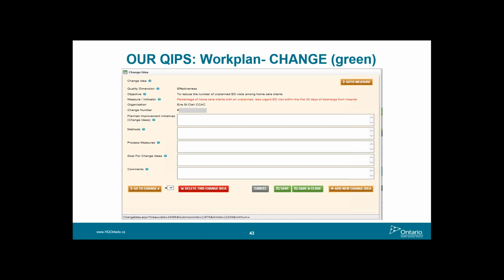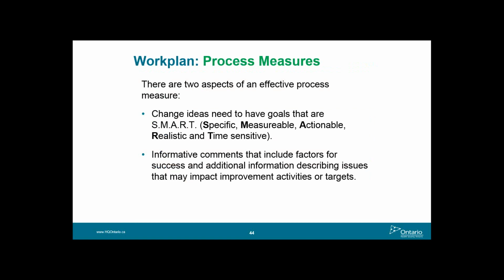I've got a little more detail here than I think we really need. I think the aim would be just to look at processes and change ideas that can affect that overall indicator. Process measures are tricky, but when they work, they're really neat. What you really want is that you have your change idea: how will you know that change idea is working?